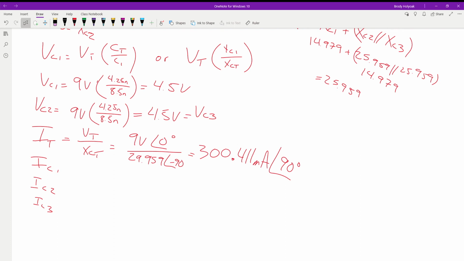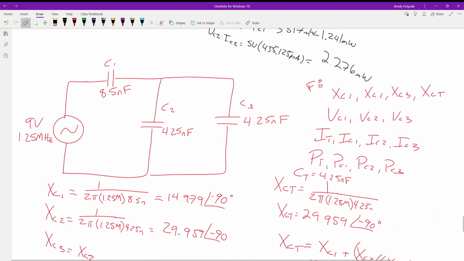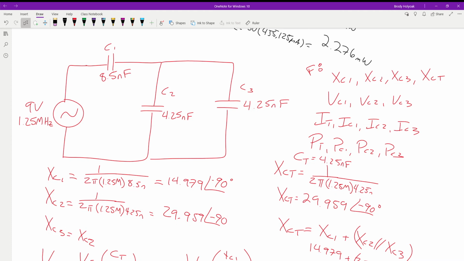You want to do IC1, IC2, or IC3? IC2 is not. Okay, come back and look at our schematic. Okay, what's IC1?